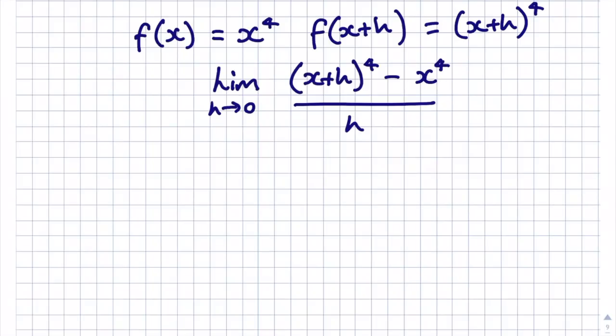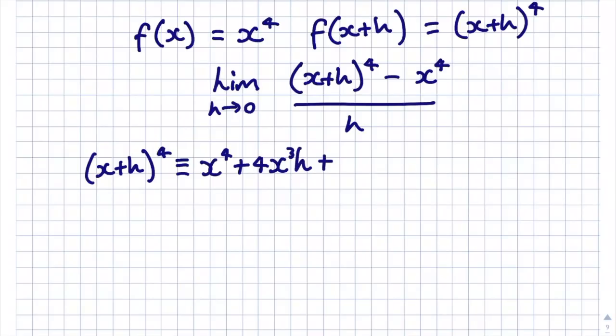over h. Now, in order to simplify x plus h to the power of 4, I'm going to use the formula for binomial expansion. So this is going to be equivalent to x to the power of 4 plus 4x cubed h plus 6x squared h squared plus 4x h cubed, and then it's just going to be plus h to the power of 4.